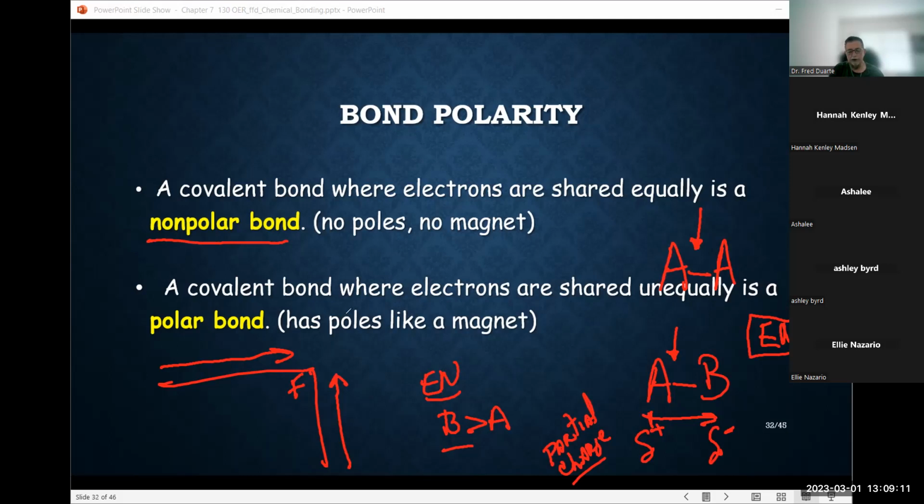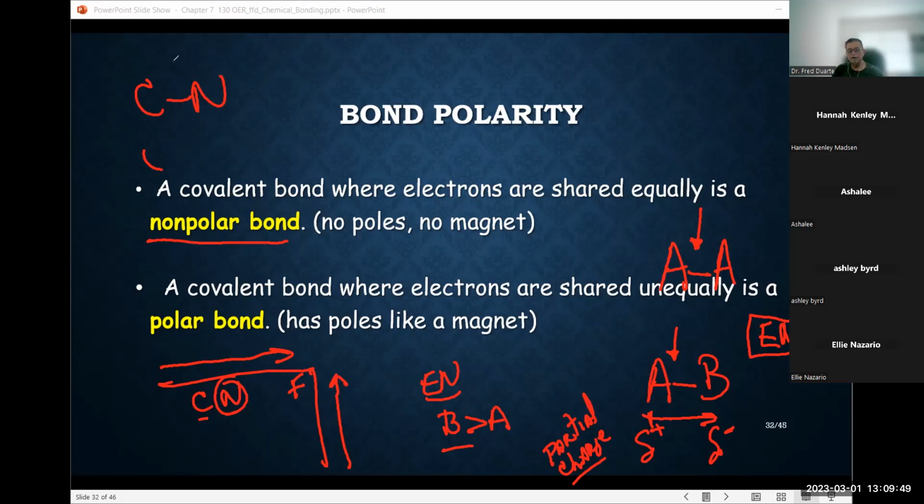So if we were to compare, let's say, carbon and nitrogen in a carbon-nitrogen bond, and we have to determine which way to draw the arrow, we go to the periodic table and look at the position of carbon and nitrogen relative to fluorine, and we see that nitrogen is closer to fluorine. That tells you, without having to memorize their individual electronegativity values, that nitrogen is a lot more electronegative.